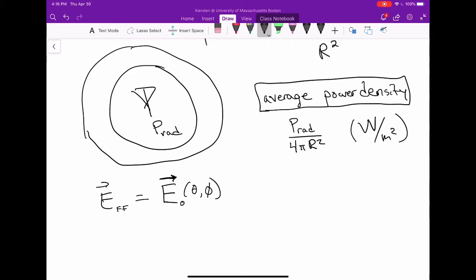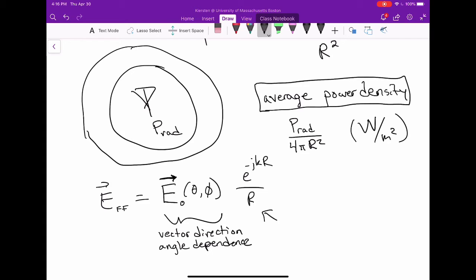That gives you all the vector and angle information. It gives you vector direction, and it gives you angle dependence. And then you have this other term, e to the minus j k r over r, the spherical propagation factor.